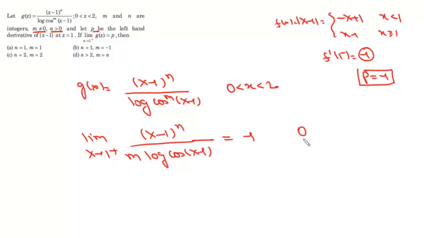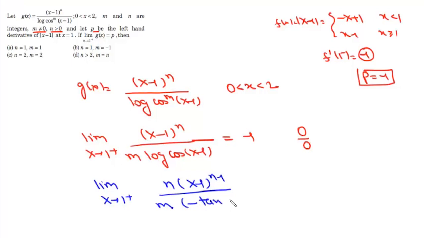Now this is 0 upon 0 form. We'll use L'Hopital's rule, so it will be this limit as x tends to 1 positive of n (x minus 1) to the power n minus 1, and this is m, and this is 1 upon cos, and the derivative of cos is minus sin, so it will be minus tan(x minus 1), and this is equal to minus 1.